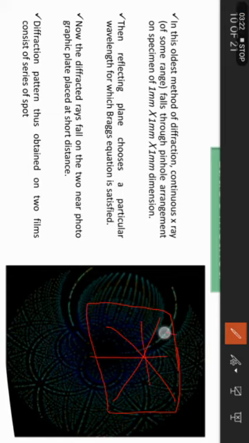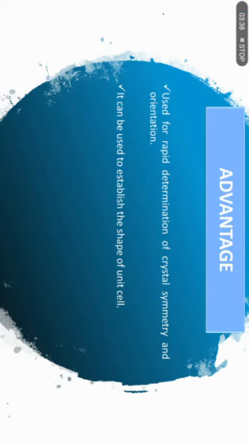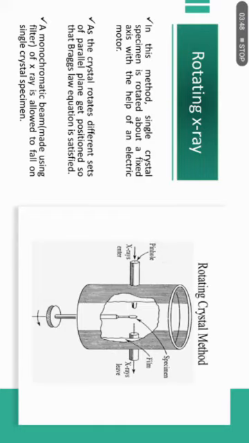If we have 1 2 3 4, four-fold symmetry, we can express our conditions and our results in the four-fold symmetry, which will help us to know about the crystal and its unit cell. So the advantage is it is used for rapid determination of crystal symmetry and orientation. It can be used to establish the shape of the unit cell.